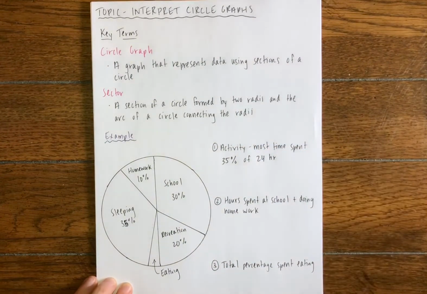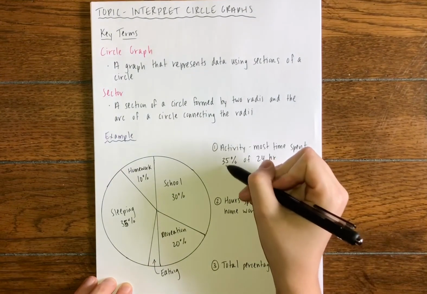When you're working with percentages and you need to solve questions, make sure you change the percentage to a decimal. So if you remember, when we want to change a percentage to a decimal, just move the decimal place 2 places to the left.